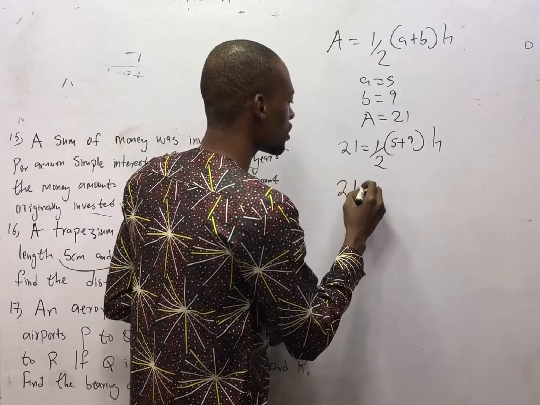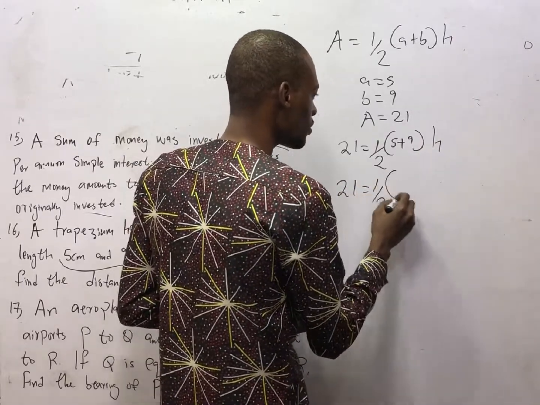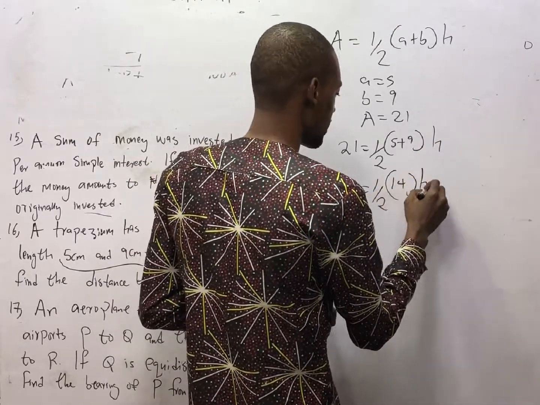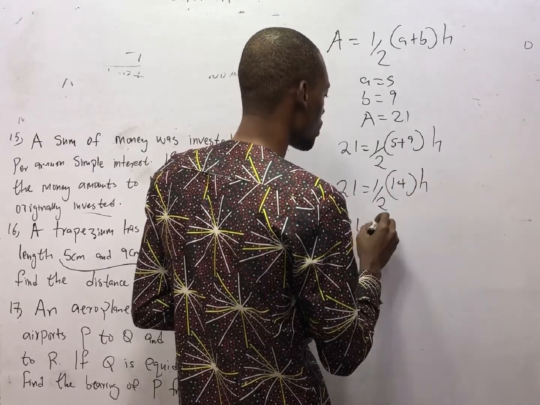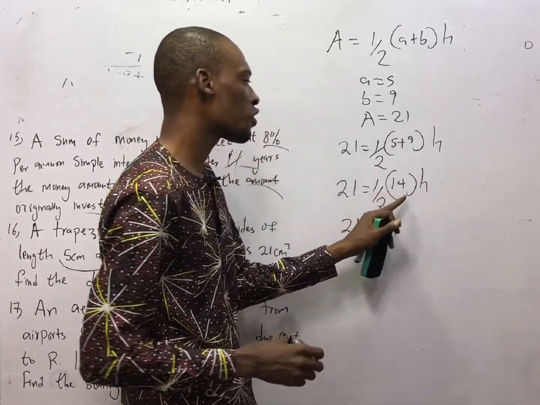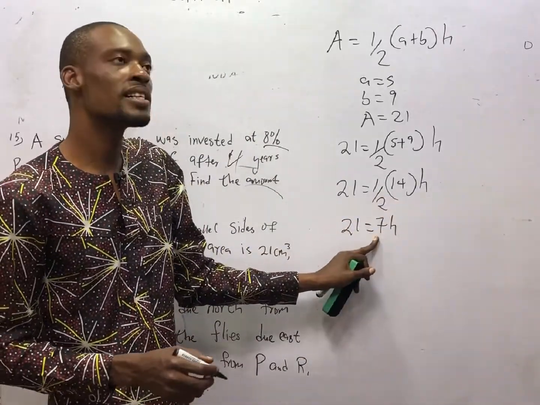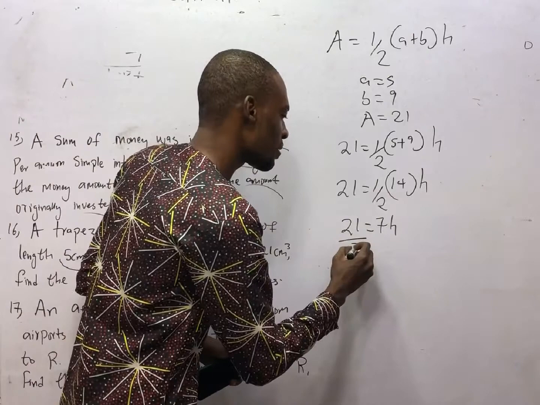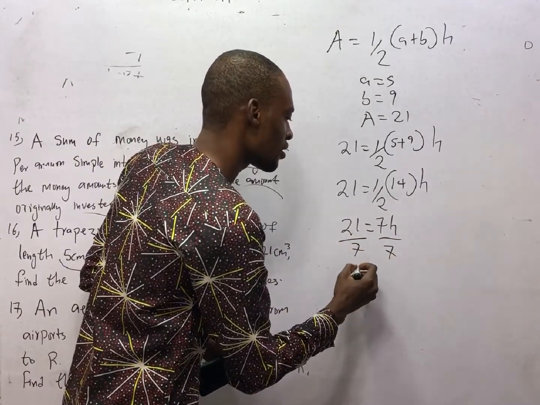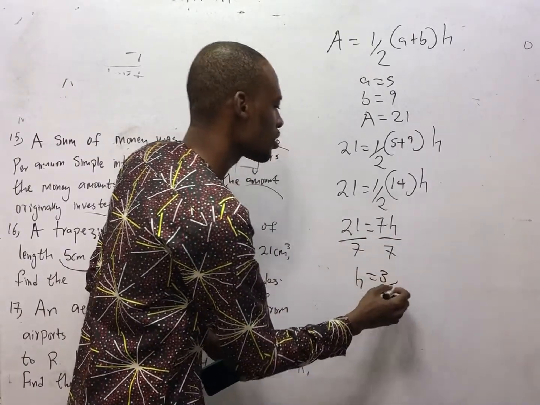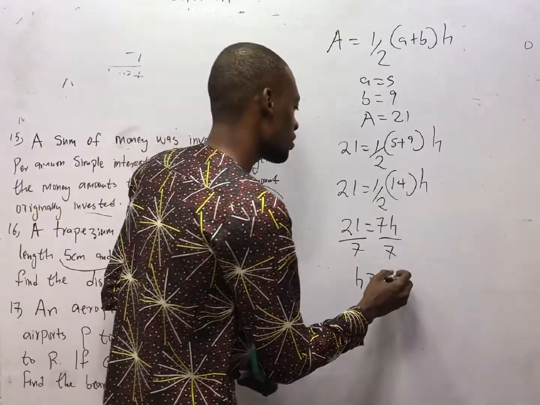So 21 is equals half times 14 height. 21 is equals 7 height. 14 divided by 2, you simply get 7. Dividing both sides by 7, height should be equals 3, because 7 times 3 is 21. So 3 cm.